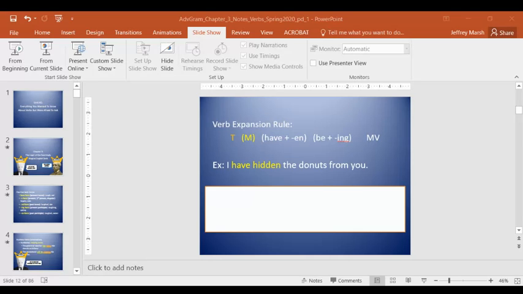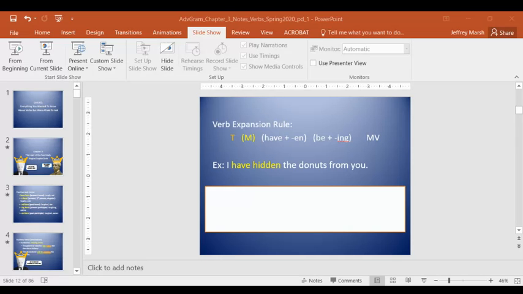And we have this weird mathematical equation here: T, M, have plus en, be plus ing, plus MV. MV means main verb. But what we find is this mathematical equation actually will create every active voice verb that we can create in the English language. It's just a real simple, logical, mathematical equation.